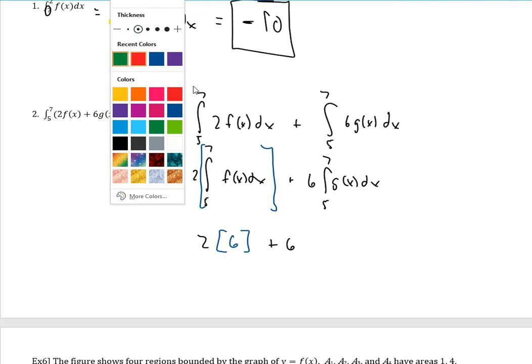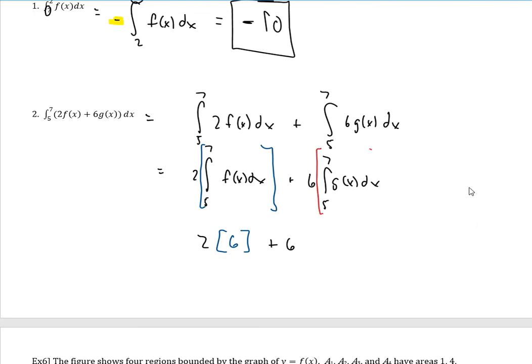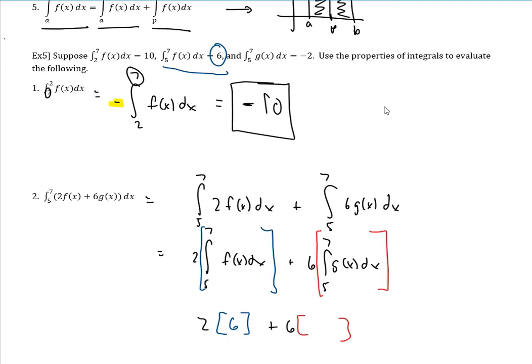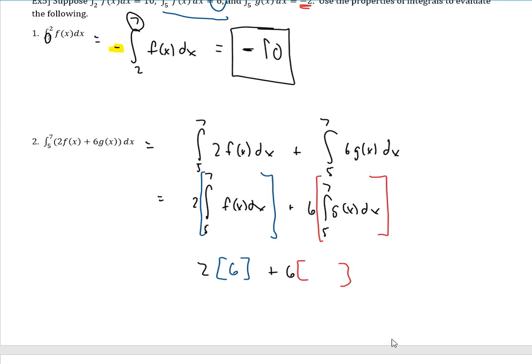Let's put it in red. It's in our description here: from 5 to 7 they say that's -2. So let's put -2 right here in this bracket, and that's what that's equal to.